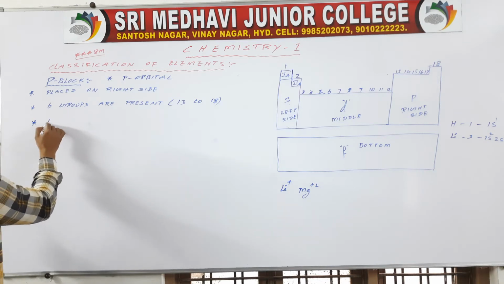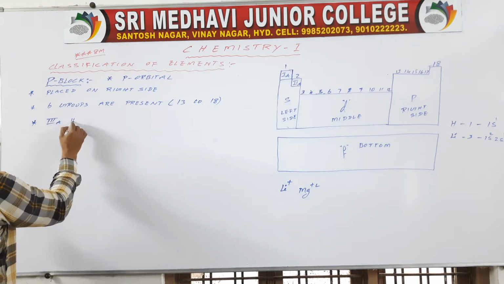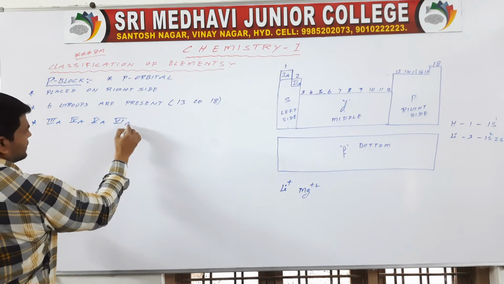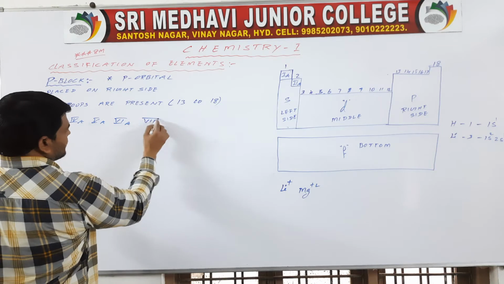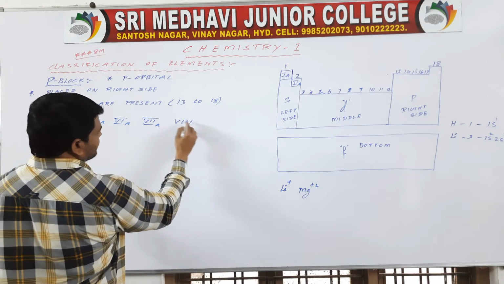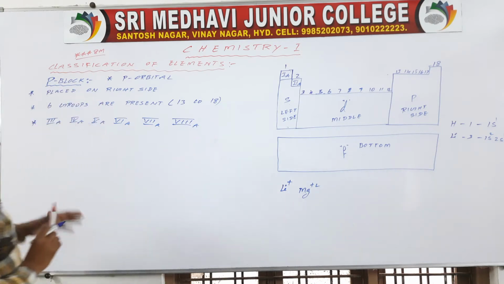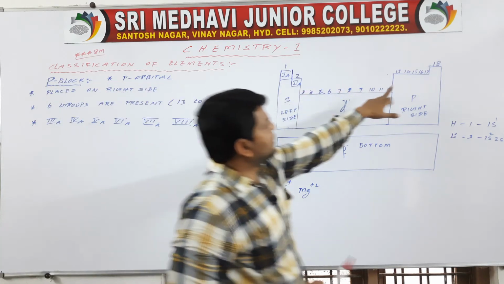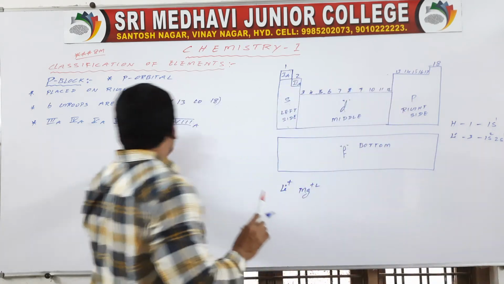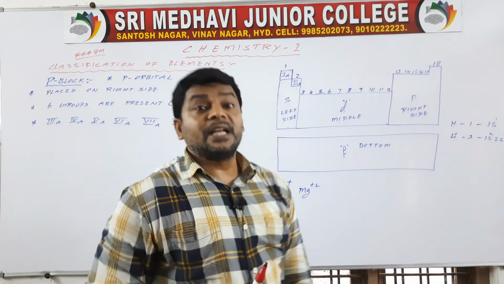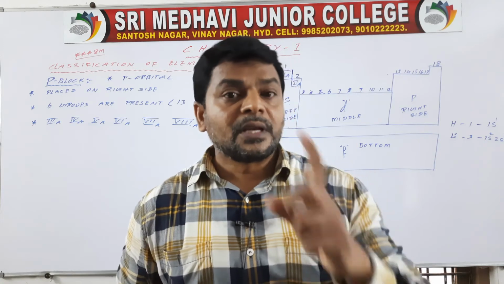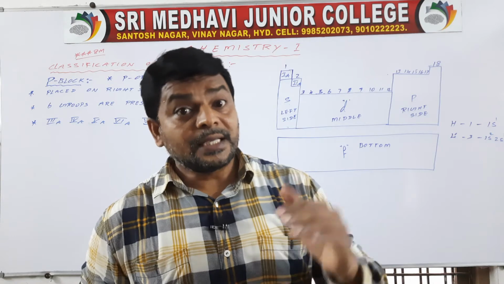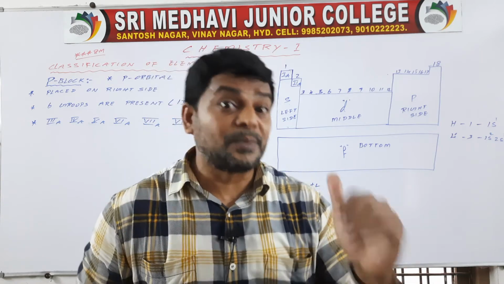They are 3rd A, 4th A, 5th A, 6th A, 7th A and 8th A. This is 13, 14, 15, 16, 17, 18. So how many groups are present? 6 groups. So due to the presence of 6 groups in p block, 6 electrons can be accommodated in the p orbital. 6 electrons can be accommodated in the p subshell.